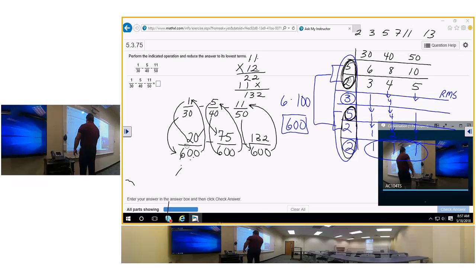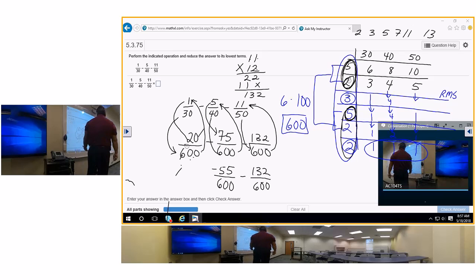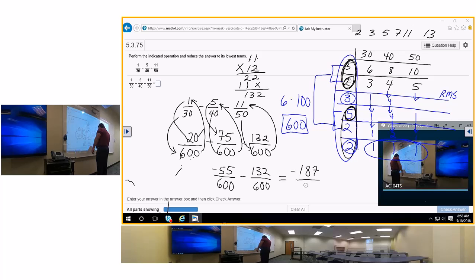So now all you do is add or subtract. So 20 minus 75 is negative 55 minus 132 over 600. Well, if you owe somebody $55 and you owe somebody $132, you owe them $187. So your answer is negative 187 over 600.